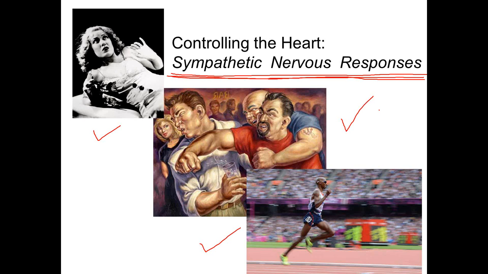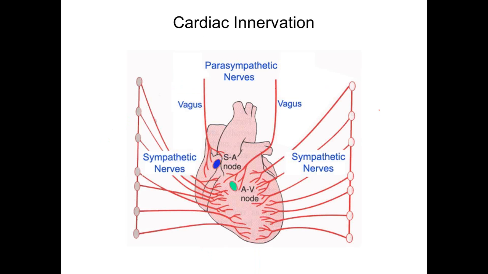The next diagram shows you that quite dramatically. Here we go. So here is the heart, and what you can see is that it's heavily influenced by the sympathetic nerves. The sympathetic nerves attach and control the heart in a number of different places.